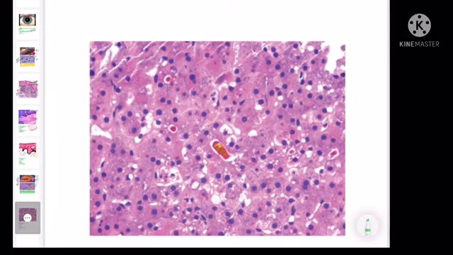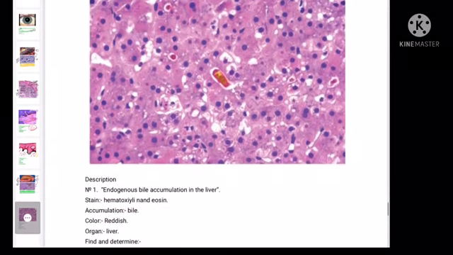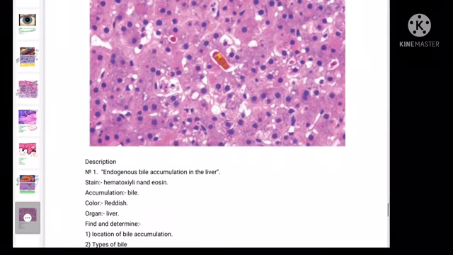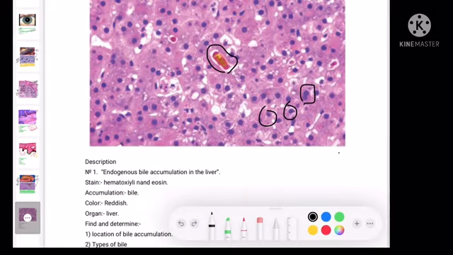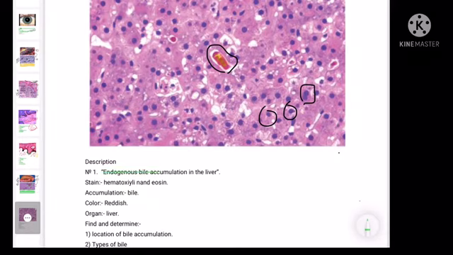This is again the same image, but with a little bit of description. These are the hepatocytes, and this is the bile accumulation. So what they are saying is endogenous bile accumulation in the liver.